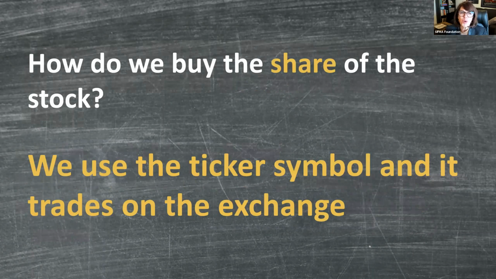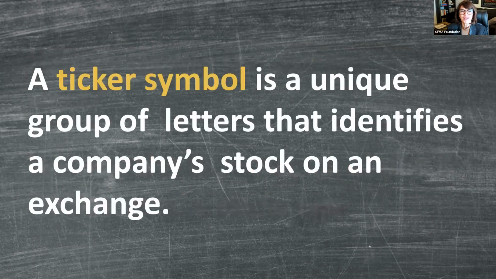So, how do we go about buying shares of the stock? We use the ticker symbol and it trades on the exchange. So, let's talk about that. A ticker symbol is a unique group of letters that identifies a company's stock on the exchange. That's because some companies might have the same name.